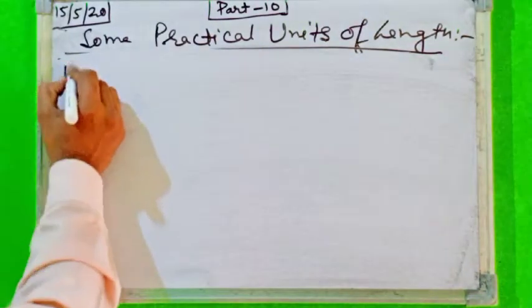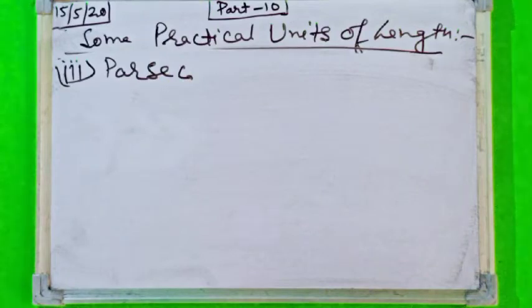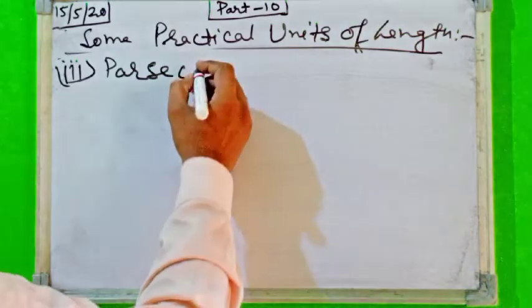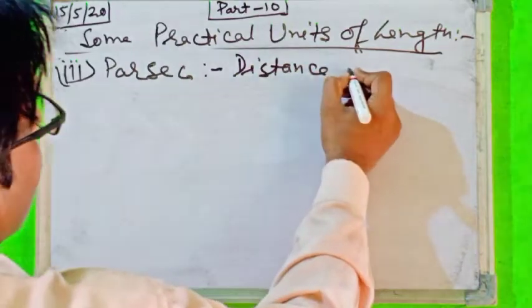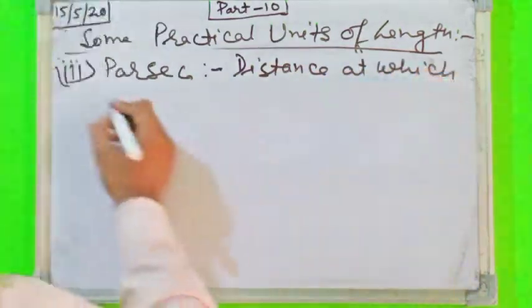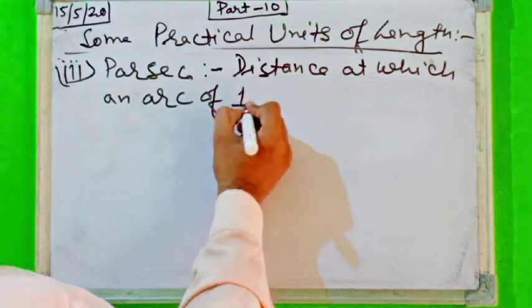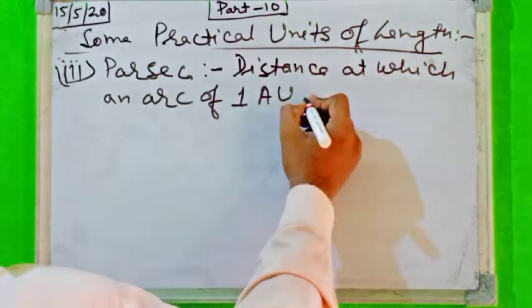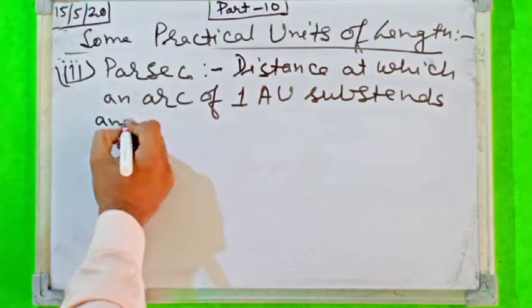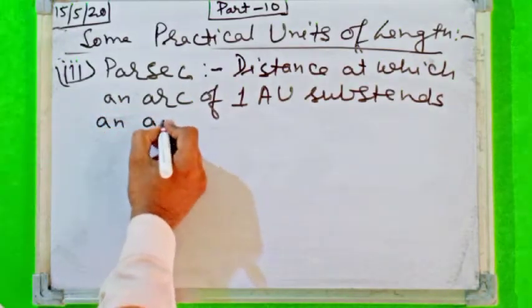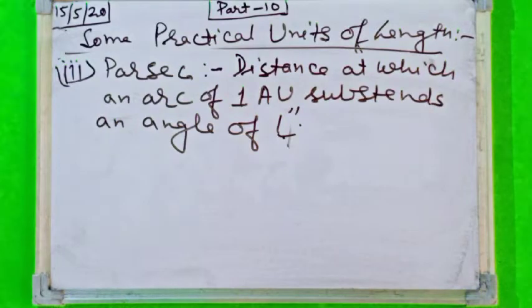Third one is parsec. It is the distance at which an arc of 1 astronomical unit subtends an angle of 1 second.